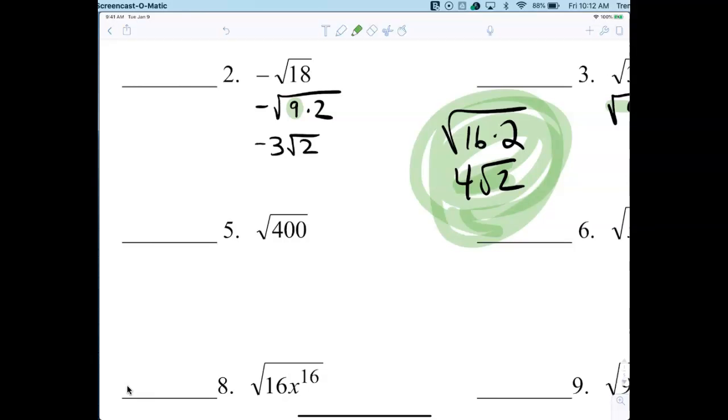What is the answer to number 2? What's the square root of 9? So the square root of this answer goes on the outside. Is there a square root of 2? No, so that stays on the inside.